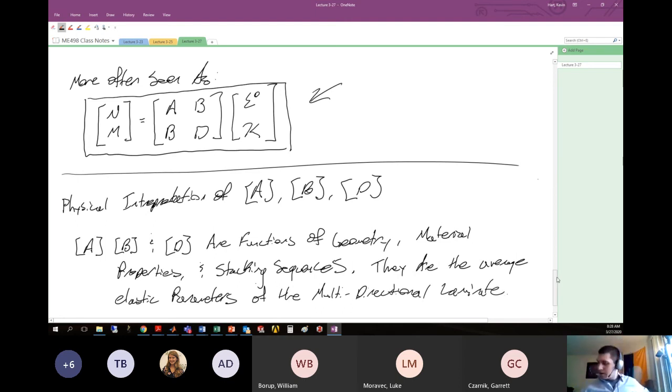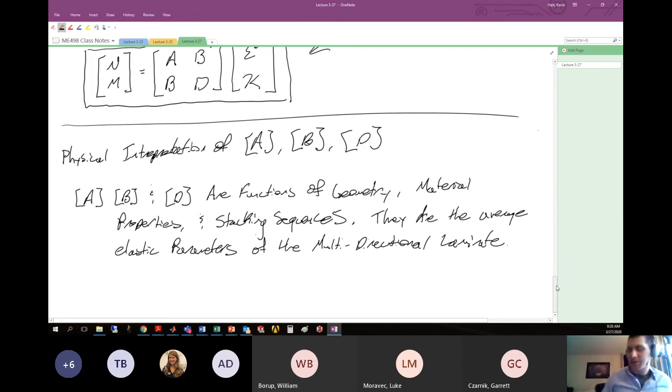Let's interpret what these actually represent. Maybe layer 1 contributes heavily to the stiffness in this direction, but layer 2 doesn't particularly contribute heavily to the stiffness in this direction. A is trying to capture the idea that one is stiff, one is not stiff, and we have this average that's working between the two of them. So it's an attempt to capture the relative stiffnesses of each one of the individual layers and sum them all together and somehow average them.